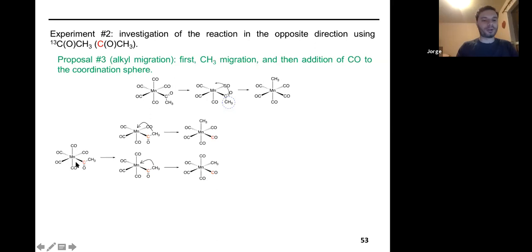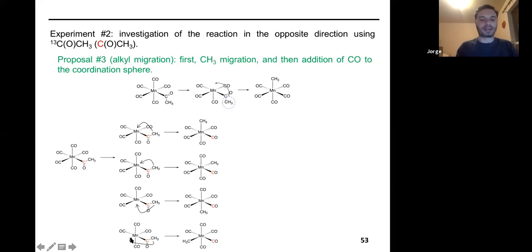Third option, losing the carbon monoxide at the bottom of the structure, creating a vacant site right over here, migration of the CH3 will result in a hexacoordinate complex where CH3 and labeled carbon monoxide are again cis to each other.